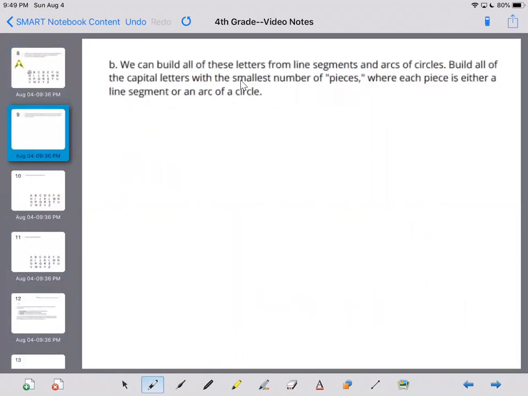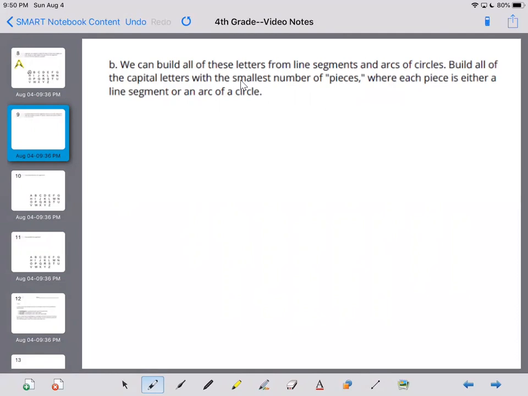Part B. So we can build all these letters from line segments and arcs. So I want you to build all the capital letters with the smallest number of pieces and where each of the pieces are line segments. So the hardest part, really, the hard ones are the ones with the curves.